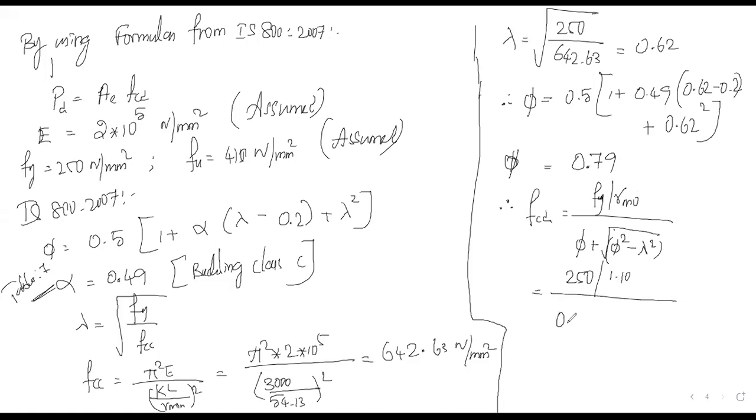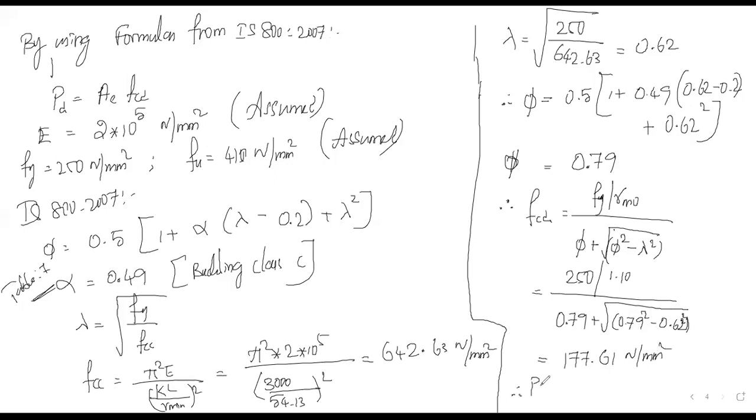Then phi value is 0.79 plus root under 0.79 square minus lambda square, where lambda value is 0.62 square. So the FCD value becomes 177.61 Newton per mm square.